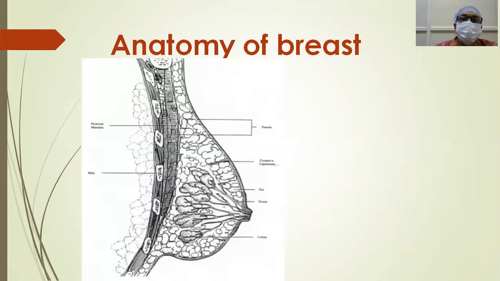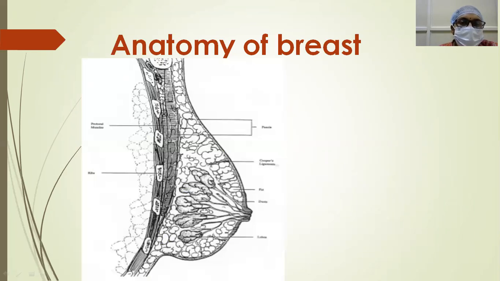So just look. So over the pectoral fascia, this is the pectoral muscle. These are the ribs. This is a cross section, okay? These are the ribs.